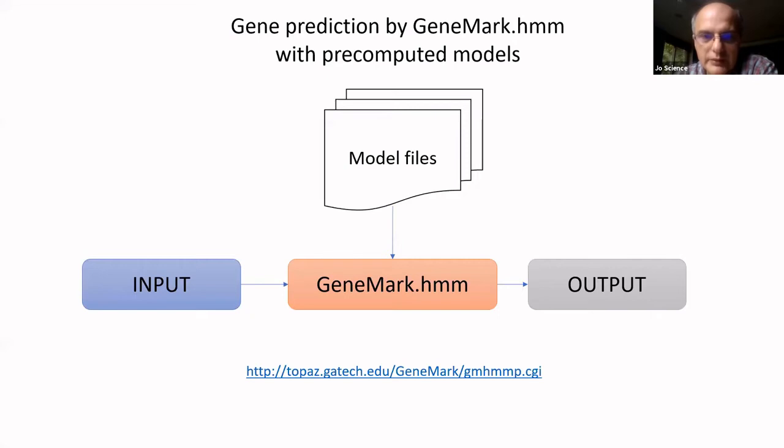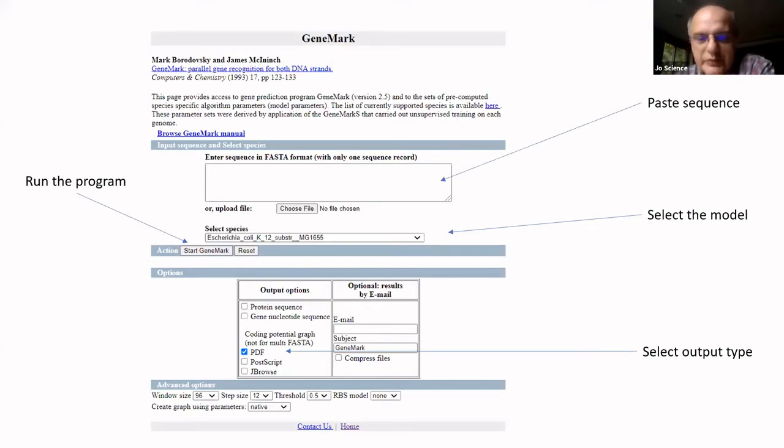We have input in a FASTA sequence, we selected a model for this specific program, GeneMark HMM, and created output. In a similar way we can do the input and output with the program GeneMark.